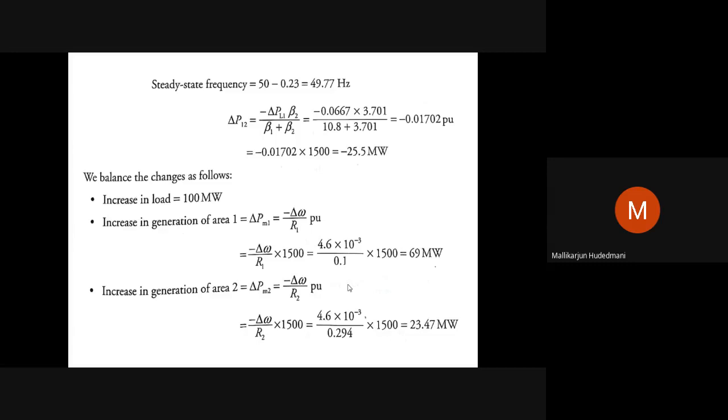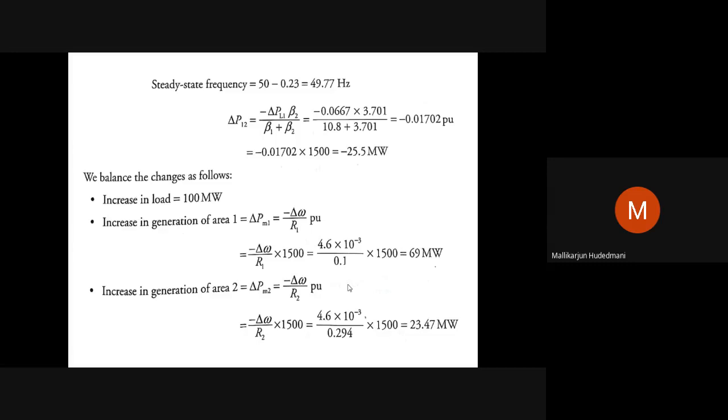Substitute them in the respective positions and compute it as minus 0.0170 pu. If you convert it into megawatt, it stands as minus 0.0170 into 1500, as minus 25.5 megawatt. There must be a flow of power of 25.5 megawatt from the respective area.